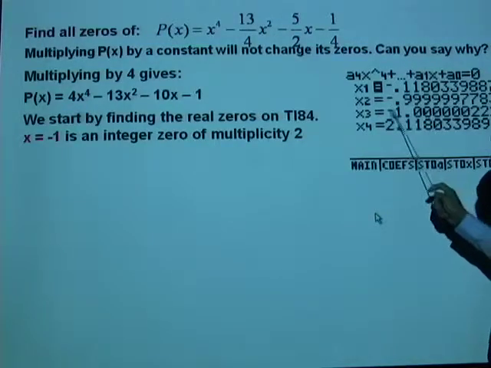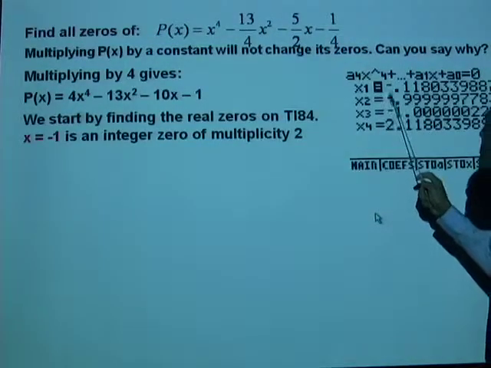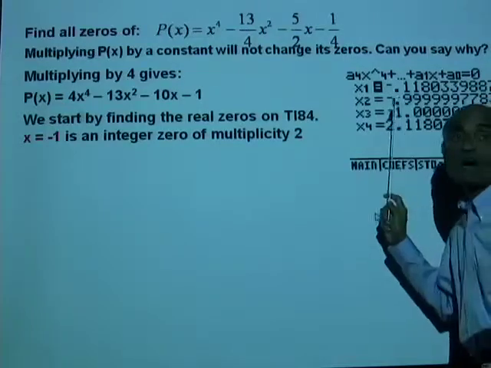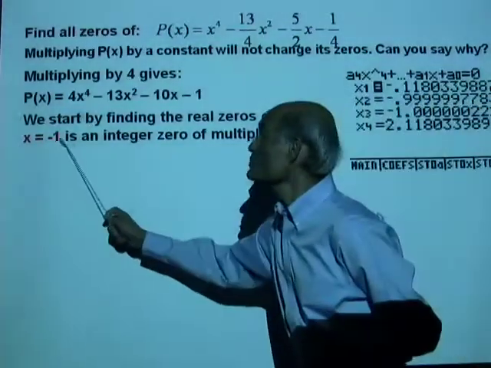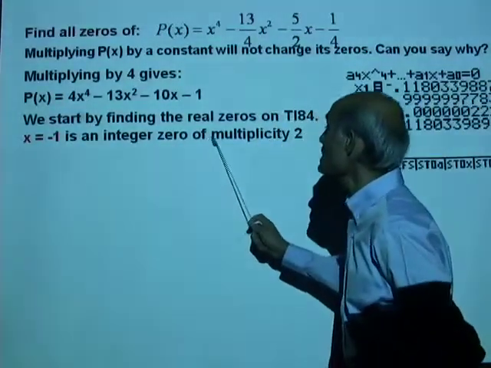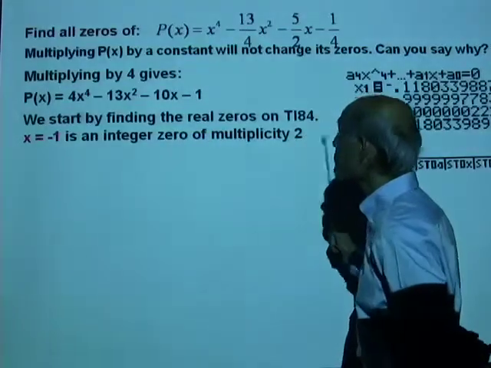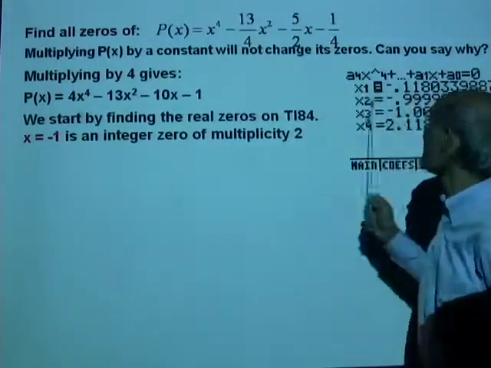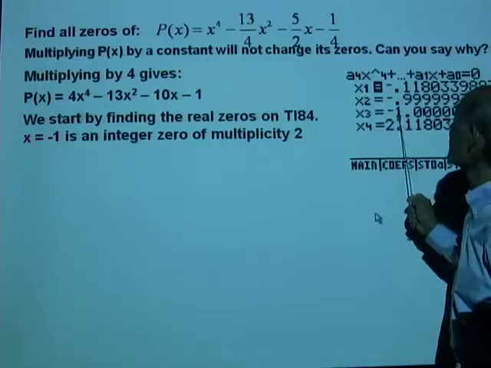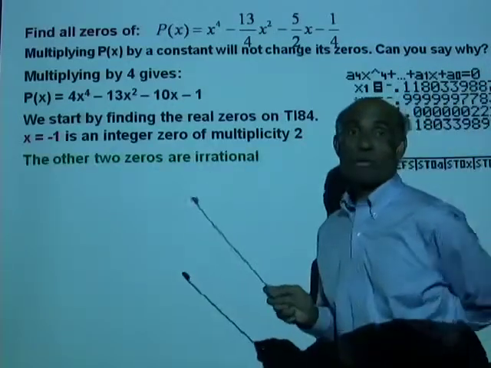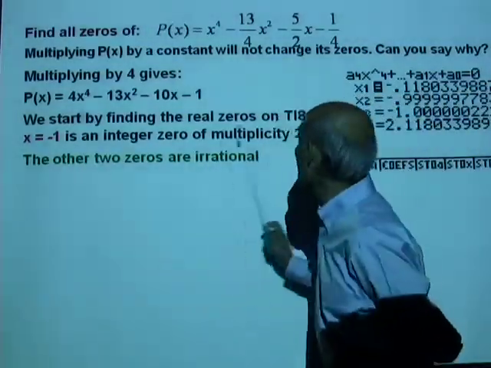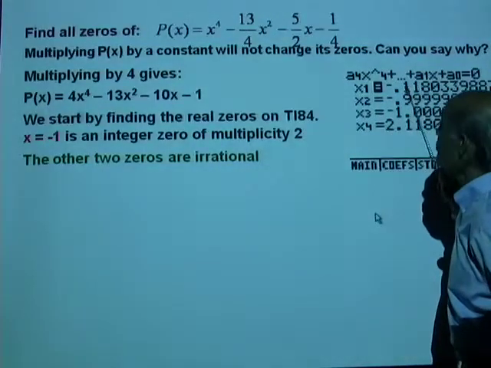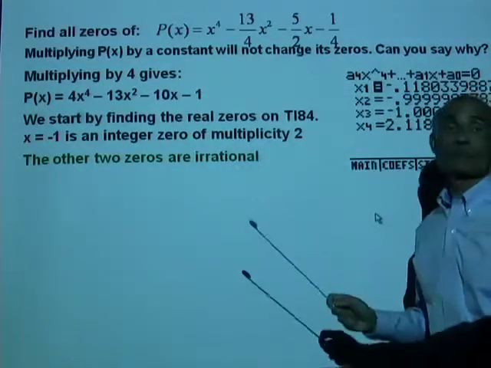This is a negative 1, that's a negative 1. That means negative 1 occurs twice. x equal to negative 1 is an integer zero of multiplicity 2. So you got an integer zero twice. That means the other two are rational zeros.